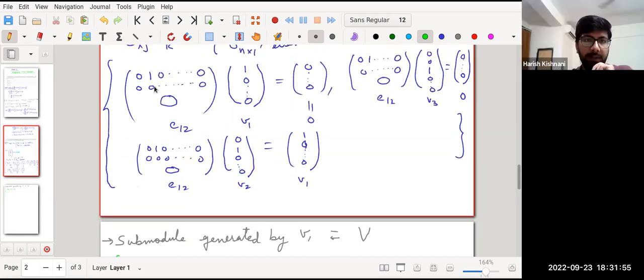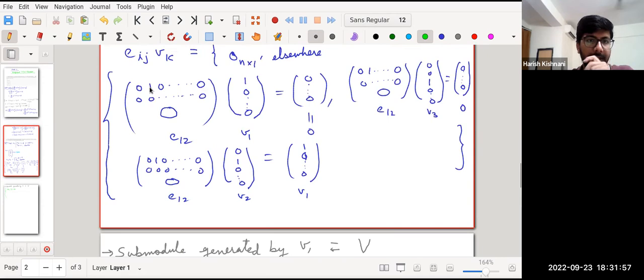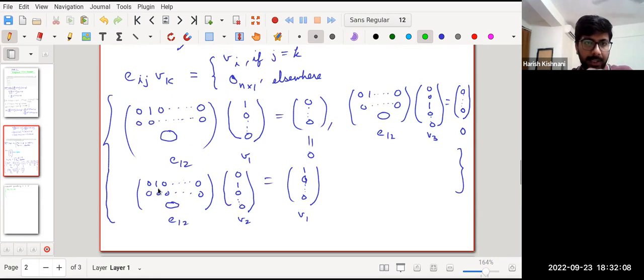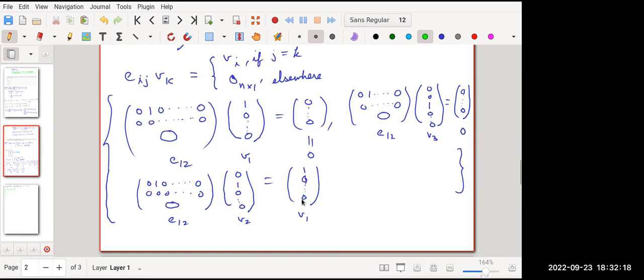And if you take some alpha times Eij, if you have some alpha here, what will you get? You will just get alpha times the output of this. So if you have alpha times E12, then it will be just alpha 0 0 0, right? Yes, sir. Okay.